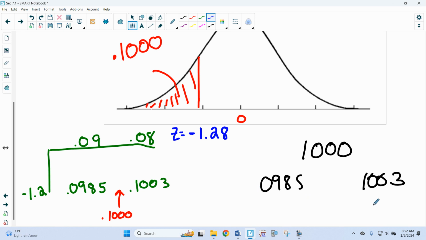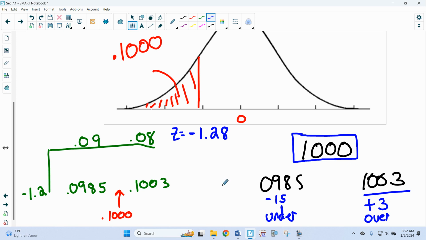In my mind, this one is over by 3, so it's plus 3, and this one is under by 15. When I'm looking for a specific number, I think of all 4 digits, ignore the decimal points for a second, and ask which one is closer. One is under 15, one's over 3, so the over 3 is the one we go with. When I use that terminology through the rest of this video, you'll understand what I'm talking about.